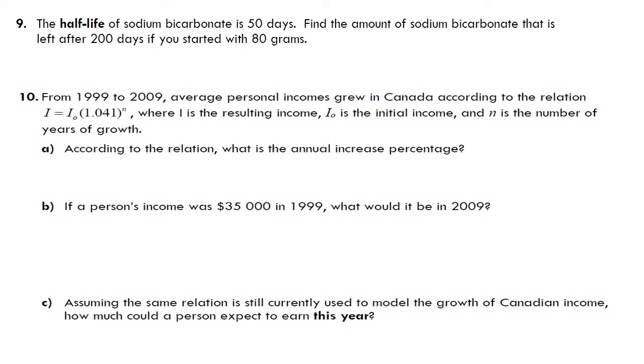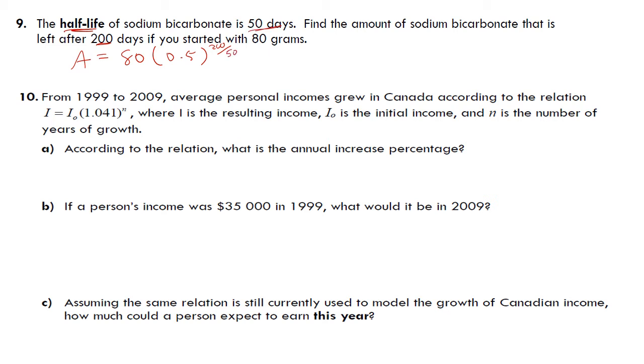Number 9, the half-life of sodium bicarbonate is 50 days. Find the amount of sodium bicarbonate that is left after 200 days if you started with 80 grams. So this is half-life. So A equals the starting amount, 80 grams. Since it says half-life, 0.5. And then it would be T over H. The time is 200 days over H. It tells you the half-life is 50 days.